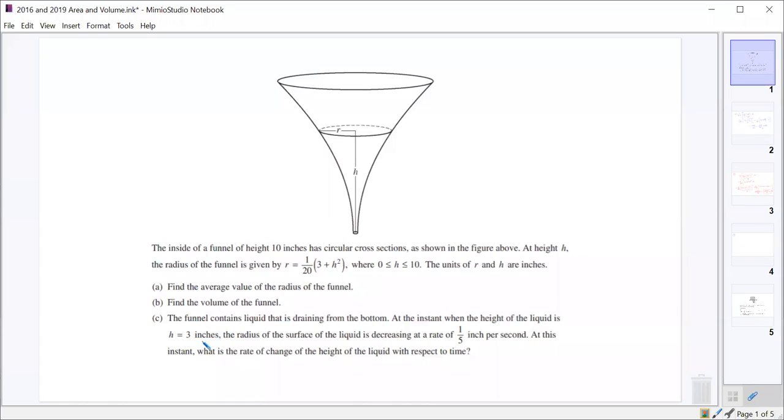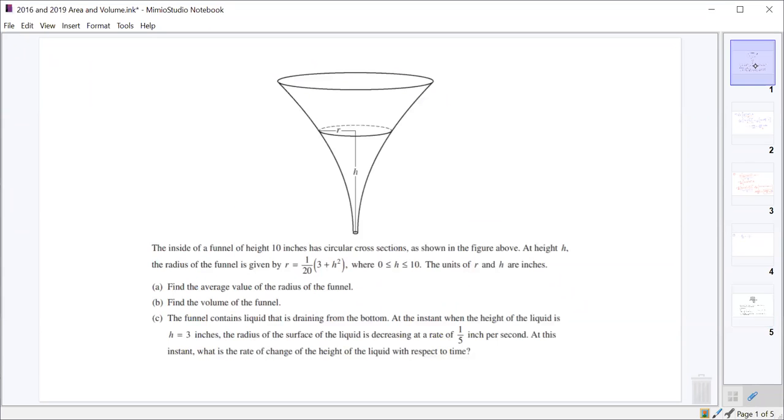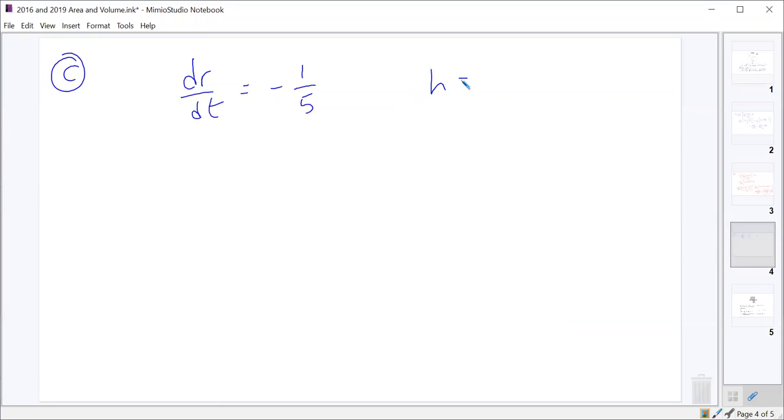So we are given the rate of change of the radius, dr/dt, and I'll write this over here. dr/dt is equal to negative 1/5. We are given h is equal to 3 at the time we're interested in.